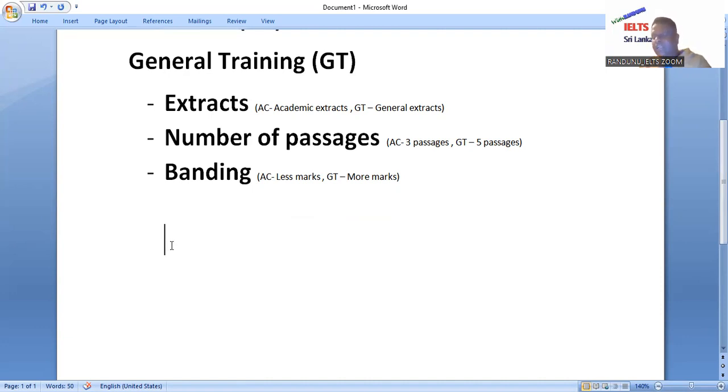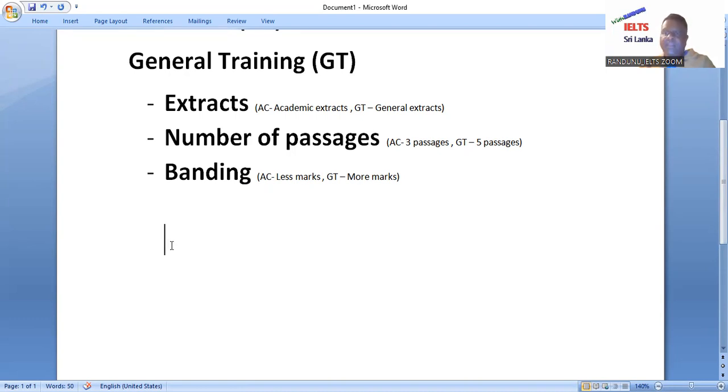So if you learn general reading, you will be able to learn academic reading as well, because general reading also has the same type of questions, the same way of evaluation, the same way of answering. So it is always good to learn the easier one first.